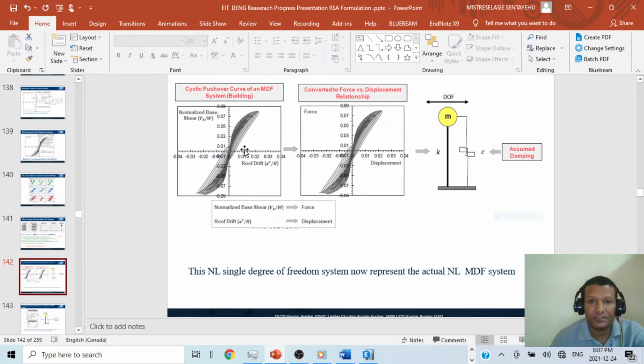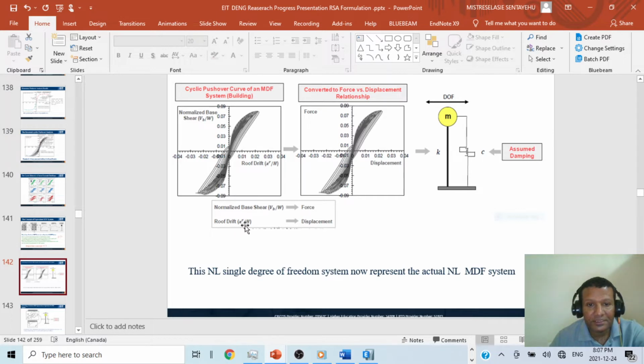Cyclic pushover, as I showed you, we have cyclic pushover also. You have base shear and roof displacement, and we will normalize it by dividing by the weight, and this one by the height. Normalized base shear: we have base shear here divided by W, and we will change it to force.